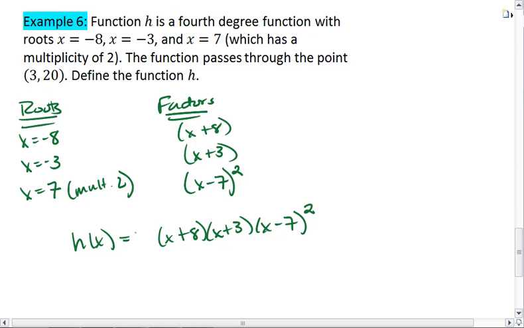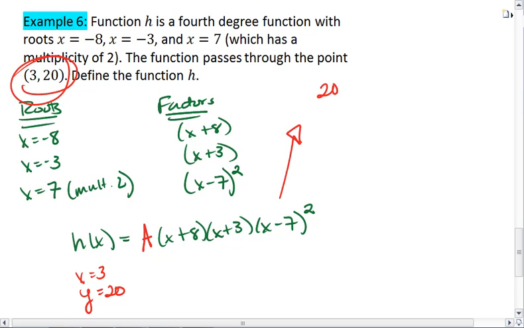Now, the important thing to remember is that we could multiply all of these factors by some number out front, -2, 20, 15, 6 billion, and it won't change the roots. So we leave a variable a. But what we'll do next is we'll take the point (3, 20) and plug that in for x and y.